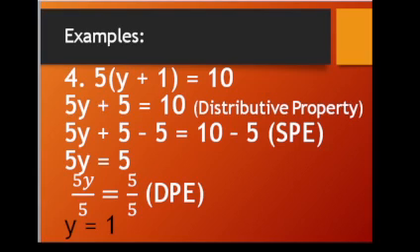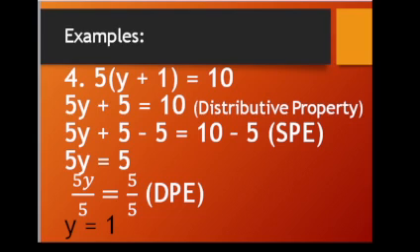And we still need to apply another property of equality, and that's DPE, or division property of equality. Since 5 is together with variable y, we need to divide both sides by 5. So 5y divided by 5 is y, and 5 divided by 5 is 1.